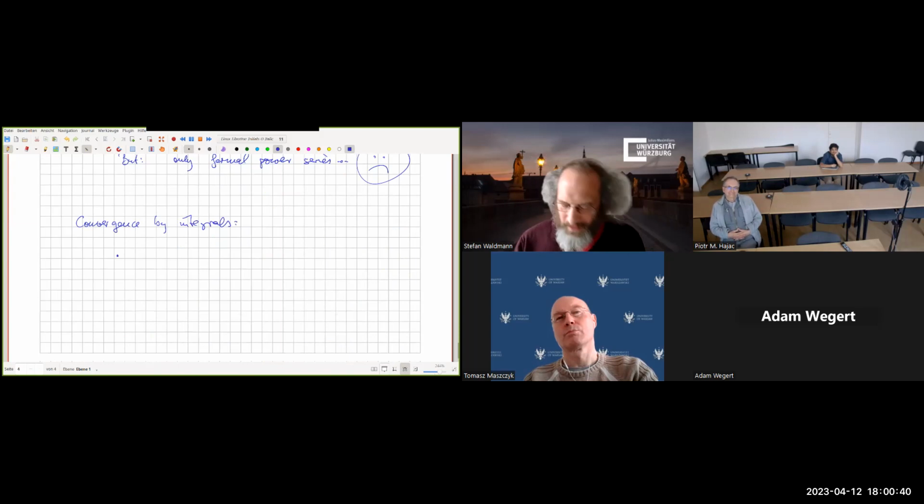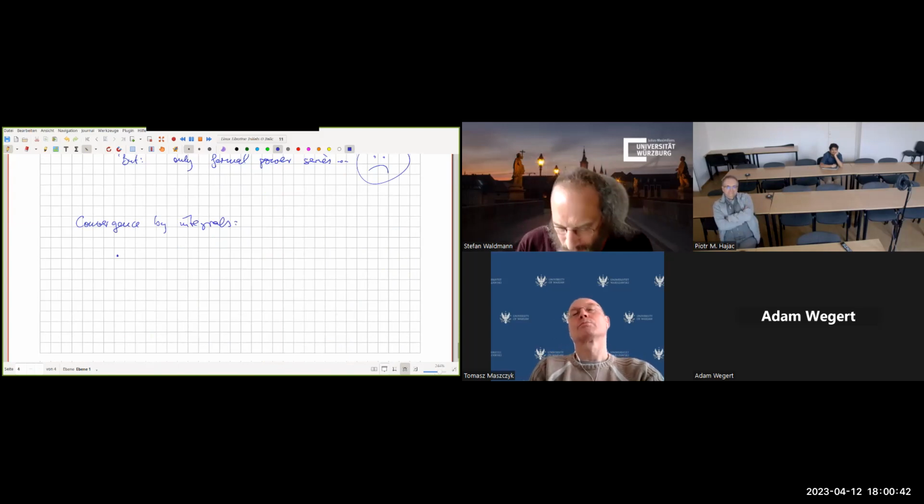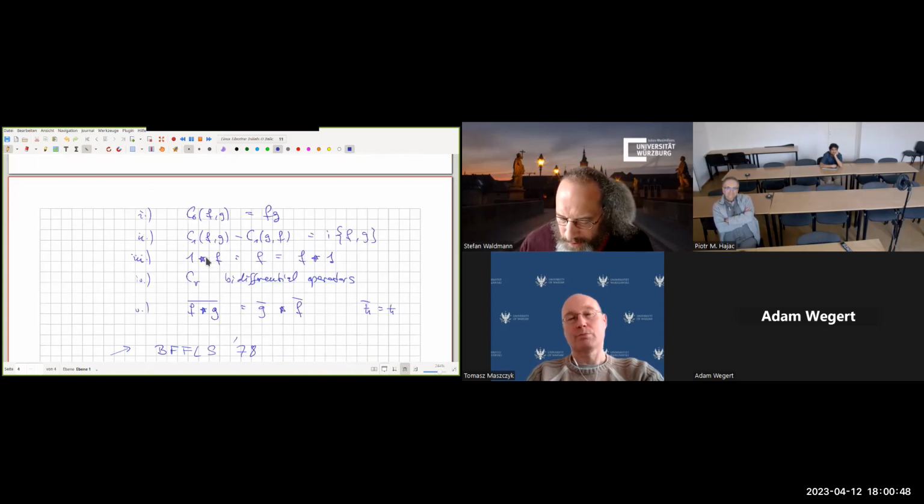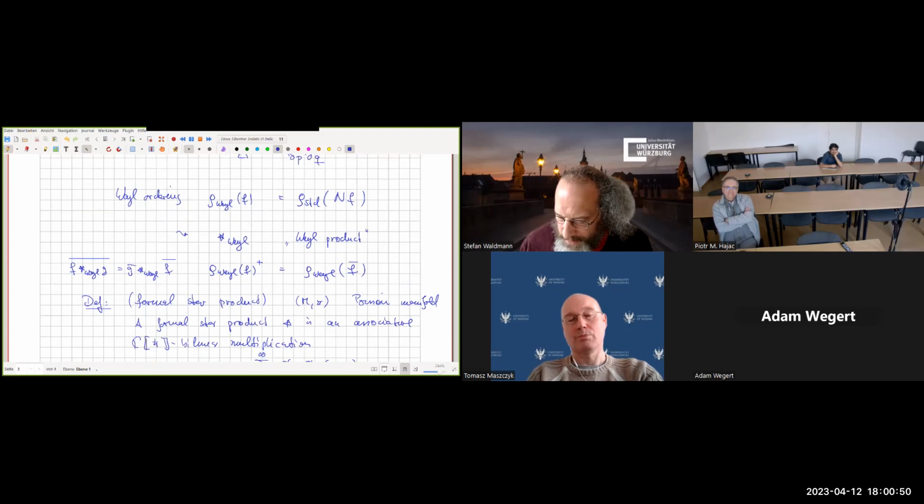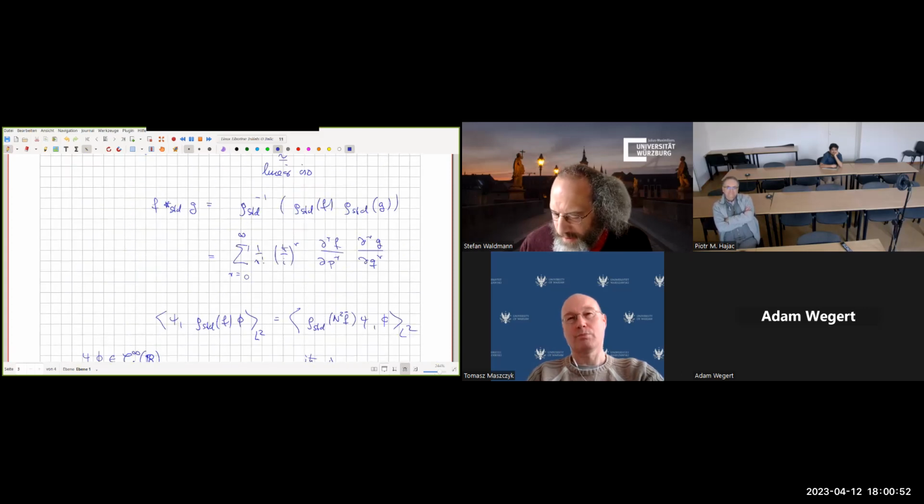So the idea, or one way to approach this, is you do not start with polynomials in the momenta, because they lead to these very singular operators on the L2 space, to these differential operators. But you start with nicer symbols, let's say in the Schwartz space or something like that.